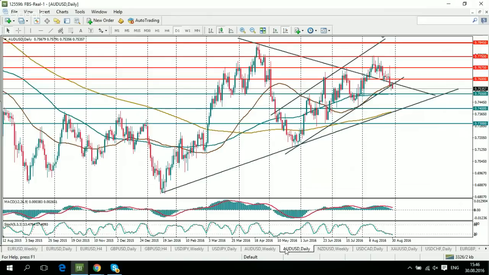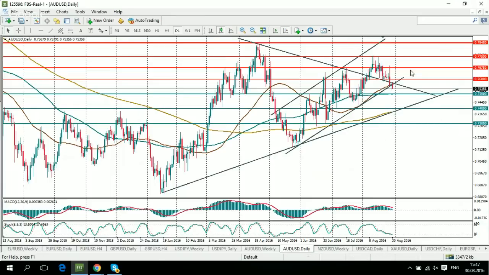On the daily chart, we can also see that the pair breached a support line, which was drawn through July and August minimums. And despite this bullish candle, a kind of hammer candle, which was formed on Monday, the pair is still declining today. And the level to target is 0.75.